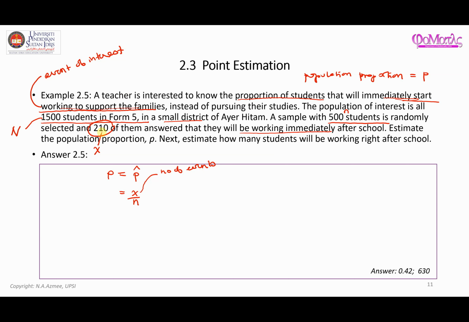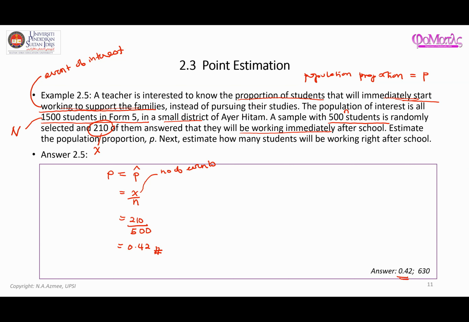So x is 210 and the small n here is equal to 500. Okay, so we are just going to plug in the values. So we have 200 over 500, and you will get that the answer is equal to 0.42. Okay, so this is quite straightforward.